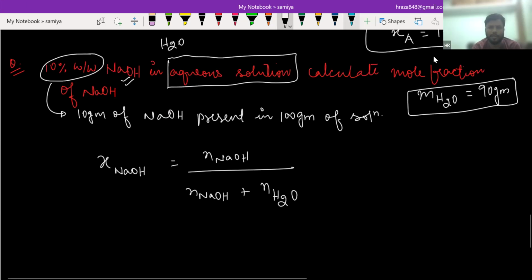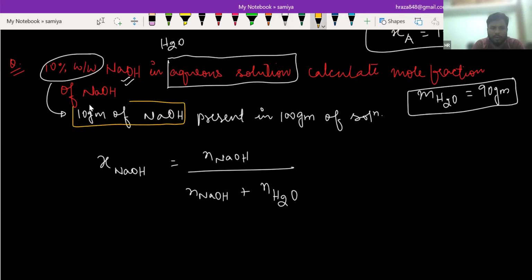One more important thing is that here mass is given only, not number of moles. So we can easily apply the number of moles formula. Number of moles of NaOH will be given mass upon molar mass. So 10 given mass, molar mass will be 40. So it will be 1 by 4 moles. In the same way, number of moles of H2O will be given mass 90 gram and molar mass 18.